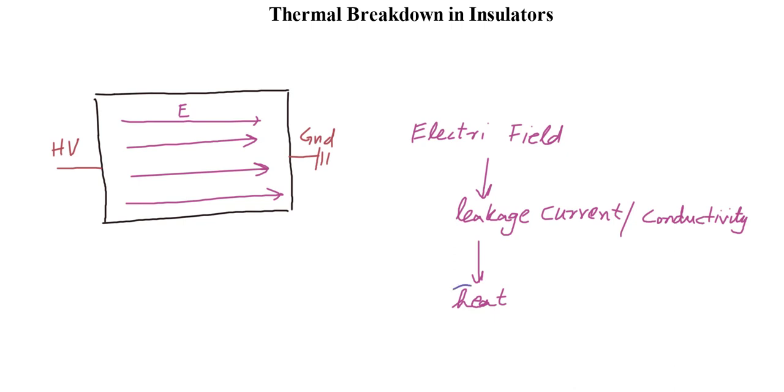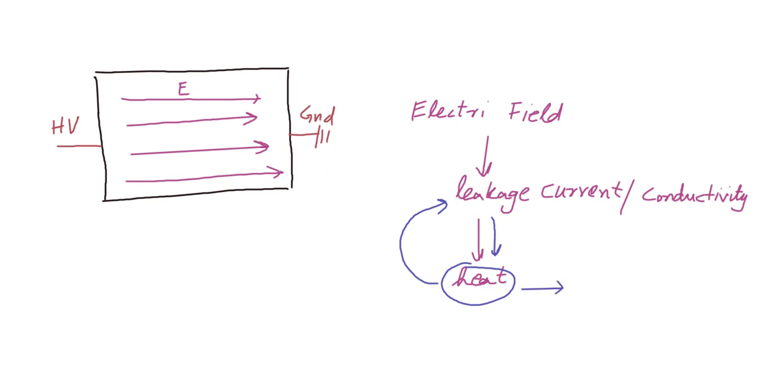As heat will be produced, this heat will further enhance the leakage current or conductivity, and this will further increase heat. This will further increase more heat, and this will lead to an increase in dissipation factor, tan delta.